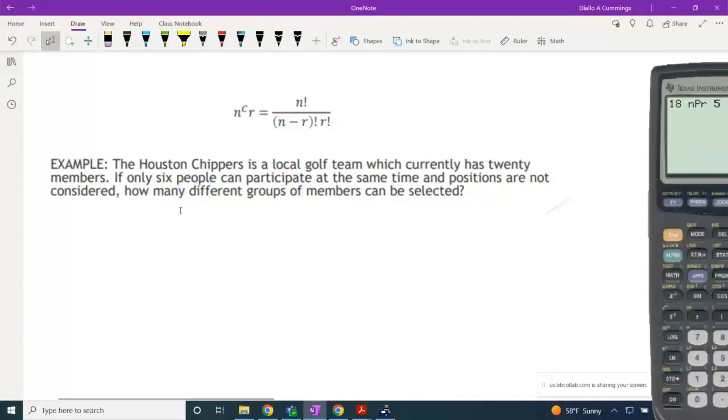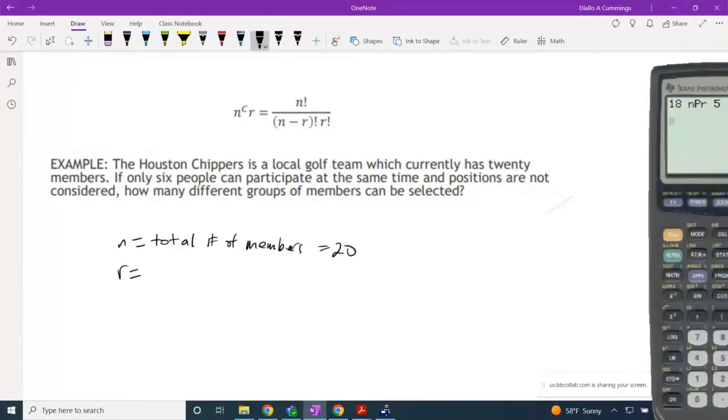So now, since we've established the fact that it's a combination, what is N? N is going to be the total number of members, which is what? 20.